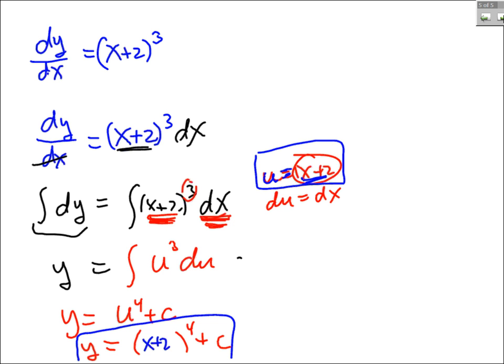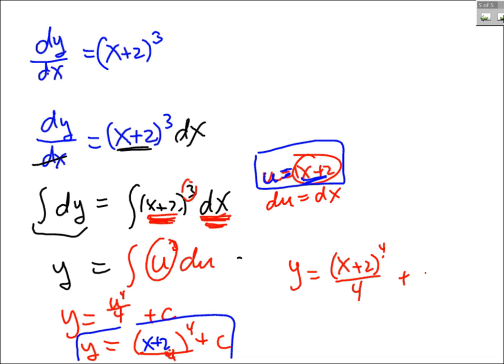And of course I have one sloppy mistake. I'm sorry about that. The integral of u cubed is u to the 4 over 4. So I should have u to the 4 divided by 4. Y is x plus 2 to the 4th over 4 plus c.